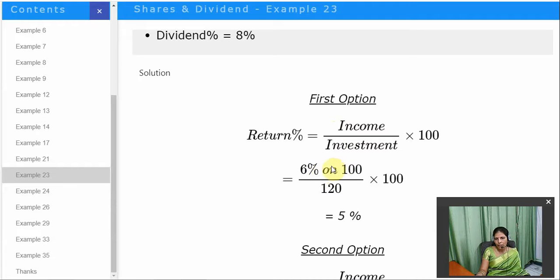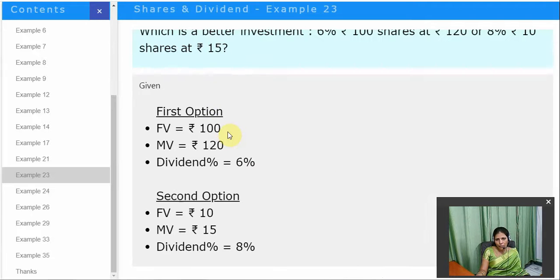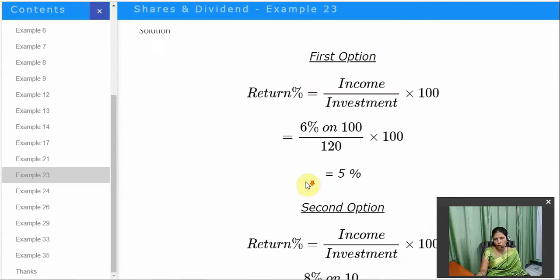Okay, you can find the income from this data. Face value is there, and the dividend percentage is also given. So using this data you can find the income per share. So 6% on 100, that is the dividend income on one share, right?